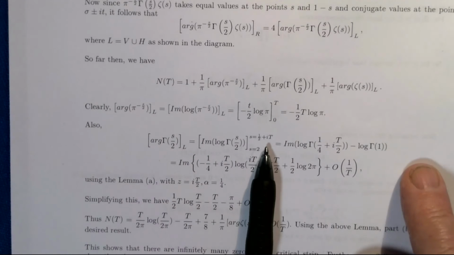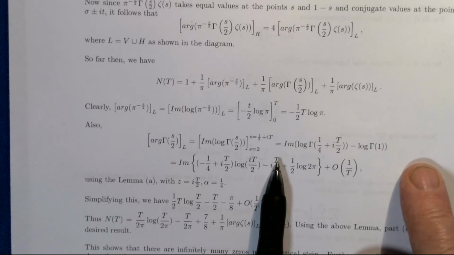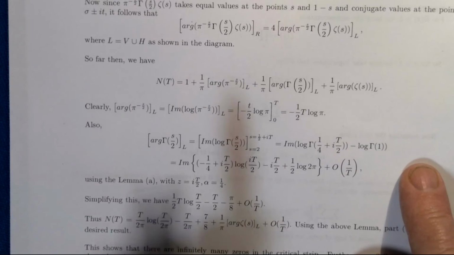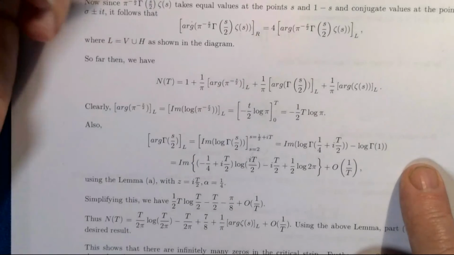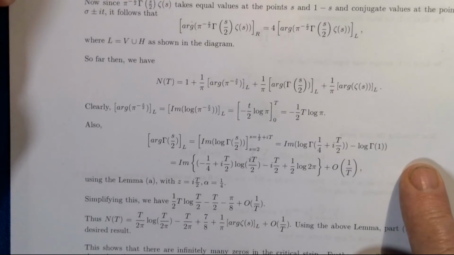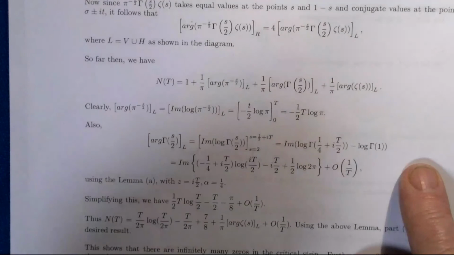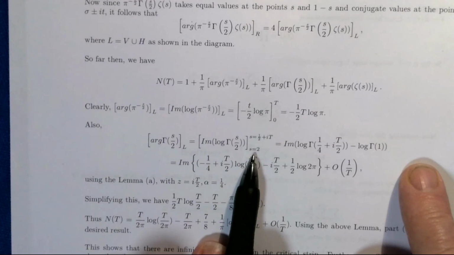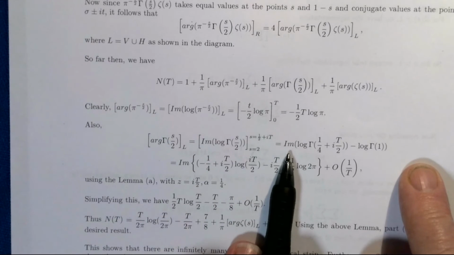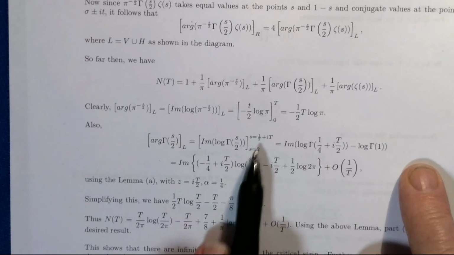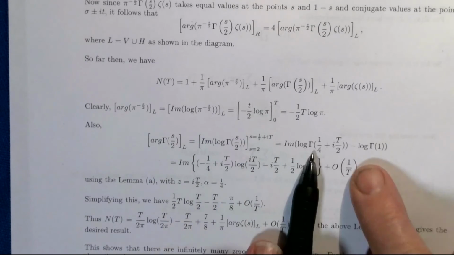That's correct, so a half plus it, and that's going to be just the imaginary part of gamma. You put in the 2 endpoints and subtract, and we get this expression here.